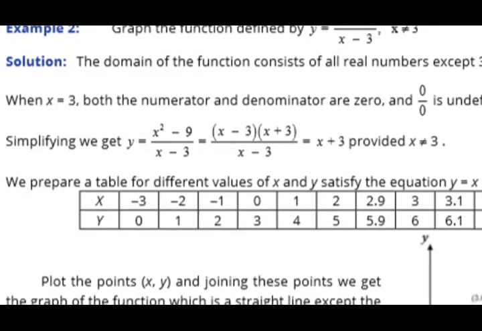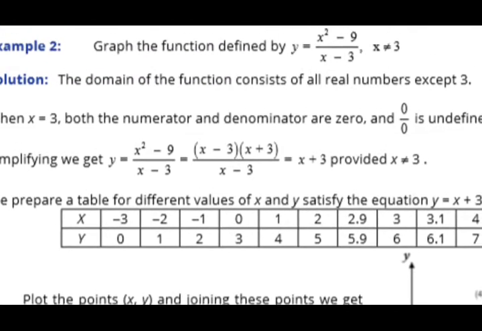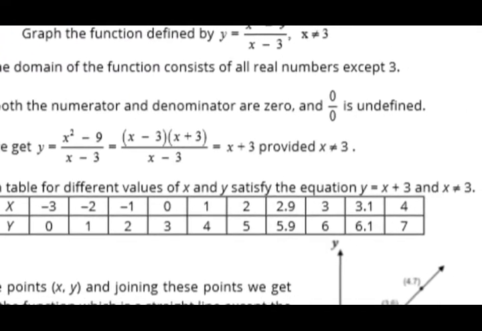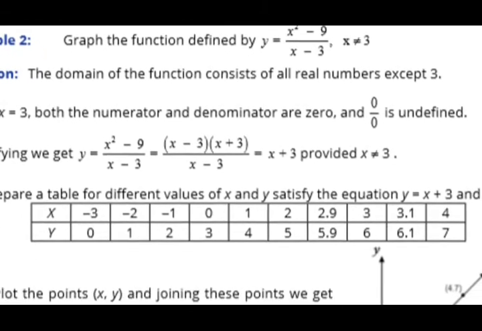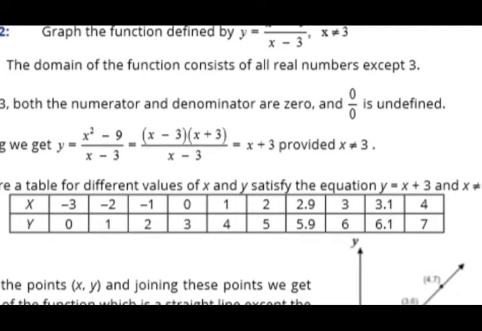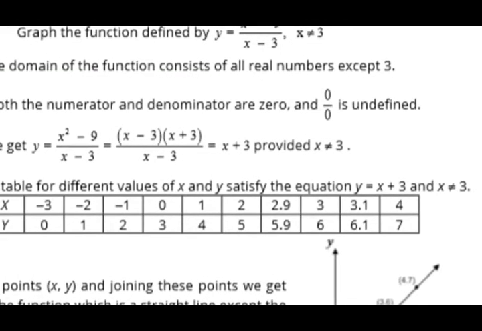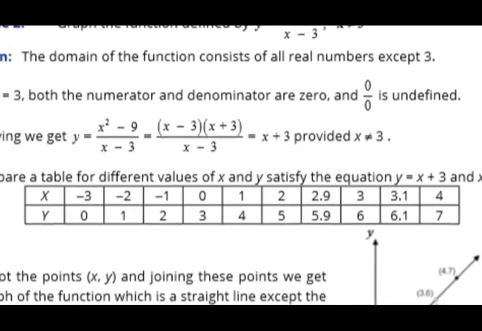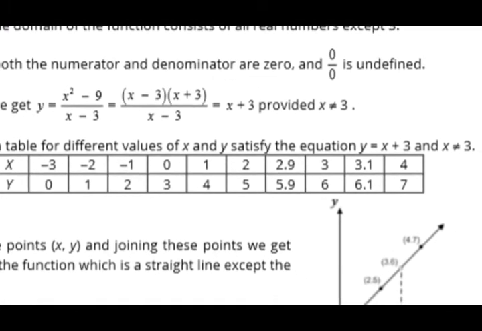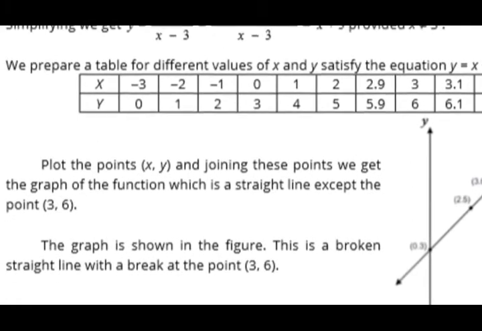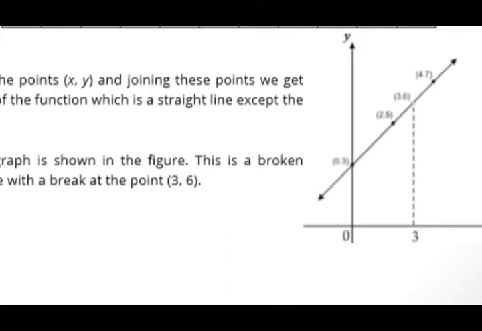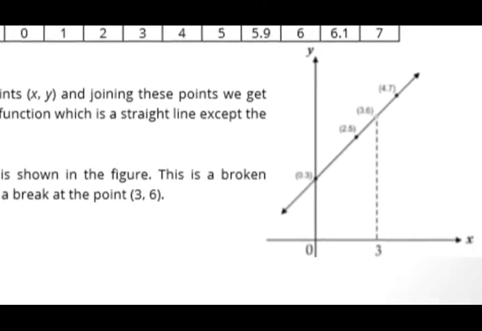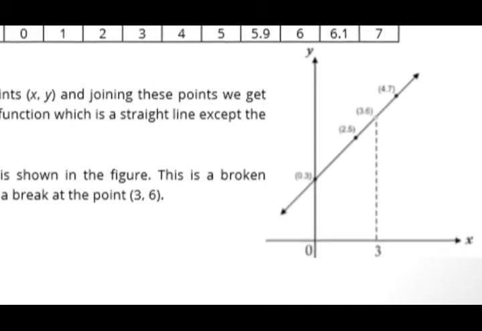Now its table is this, from minus 3 to plus 3, but it does not contain the value 3, so we put 4 here. Now let's draw its graph. At 3 we mark an open circle because it doesn't contain 3.